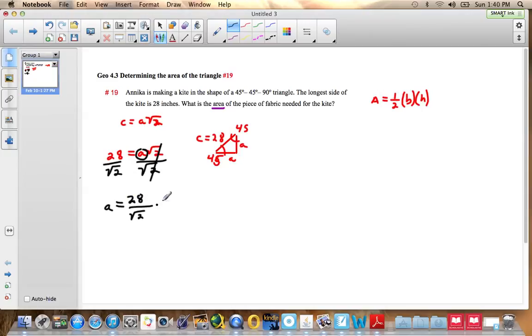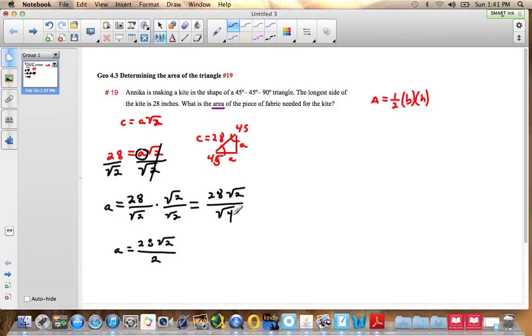But I can't have a square root on the bottom, so I'm going to multiply by my form of 1. Then I end up with 28 square root of 2 over square root of 4, because 2 and 2 is 4, which leaves me with A equals 28 square root of 2 over 2.